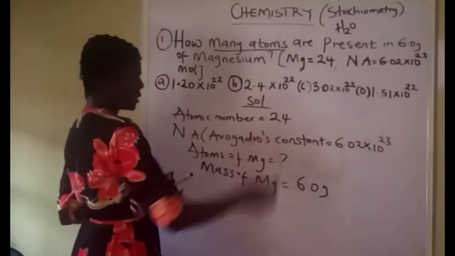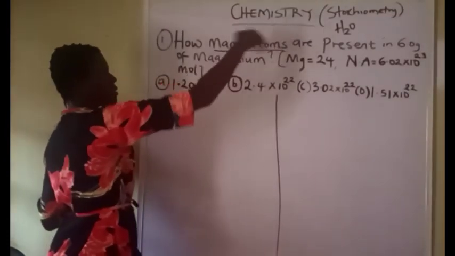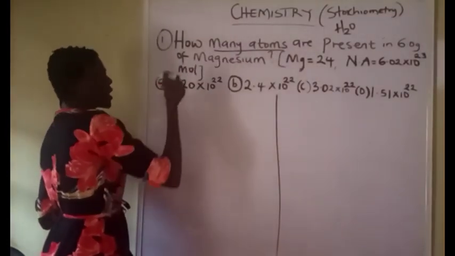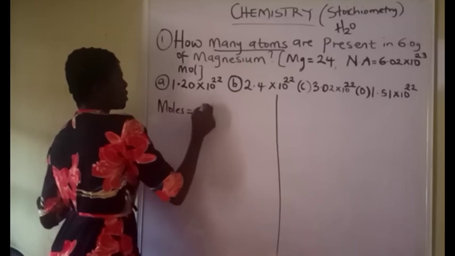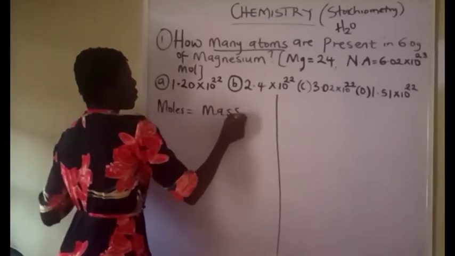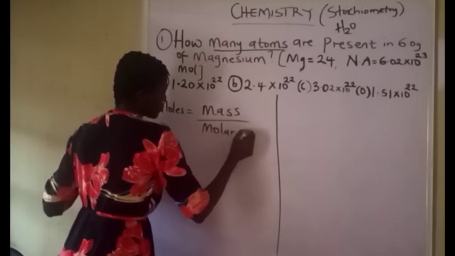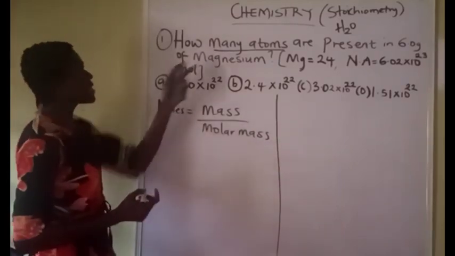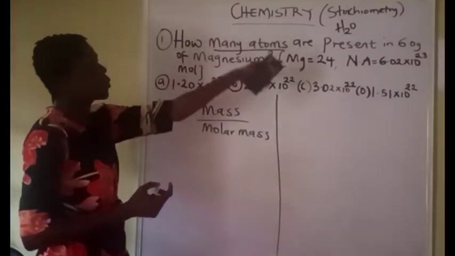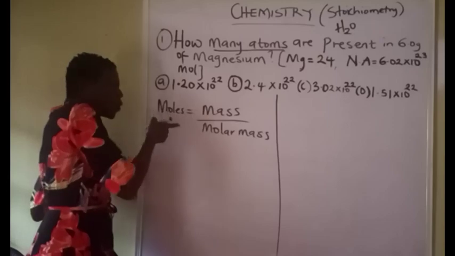Permit me to clean the board. Atoms present in 6 grams of magnesium. To calculate this, we need the moles first. Moles is equal to mass over molar mass. For us to get how many atoms are present in 6.0 grams of magnesium, we need to calculate the moles present.